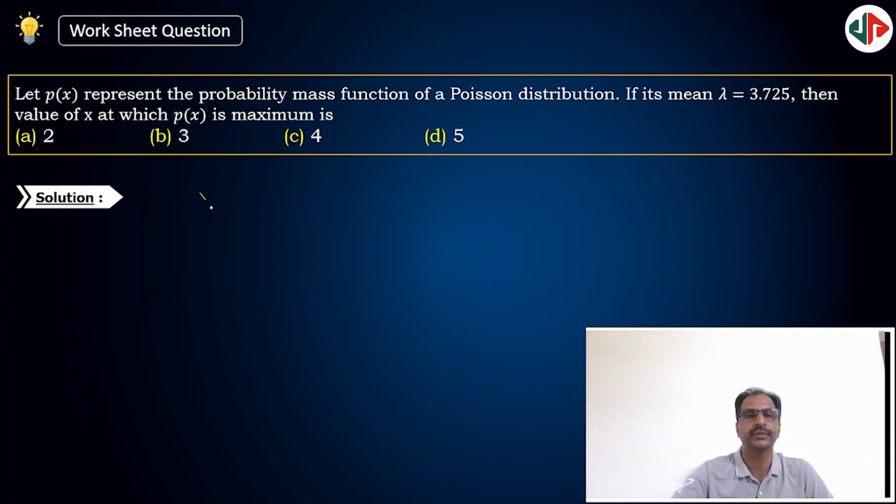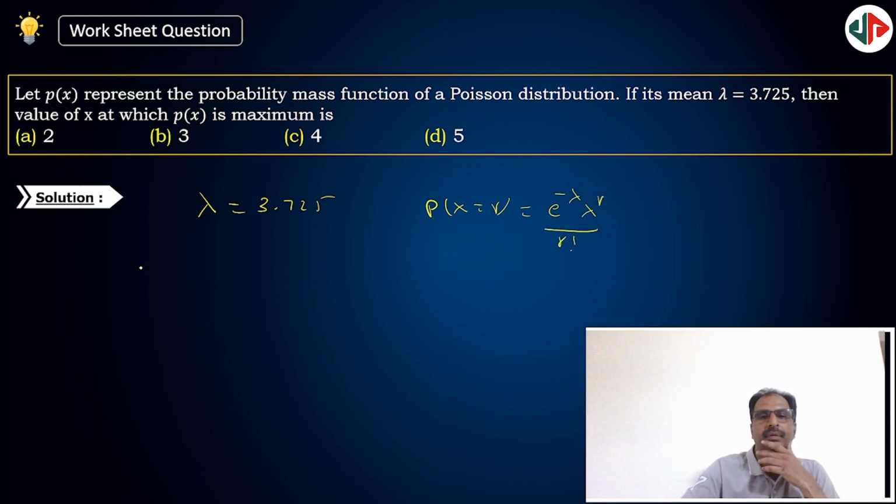The probability distribution function, lambda is given as 3.725, then the value of x at which p of x is maximum. Then what is p of x is equal to 2? e power minus lambda into lambda square by 2 factorial.